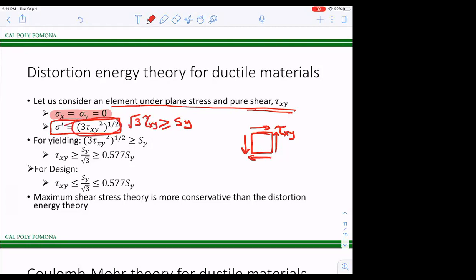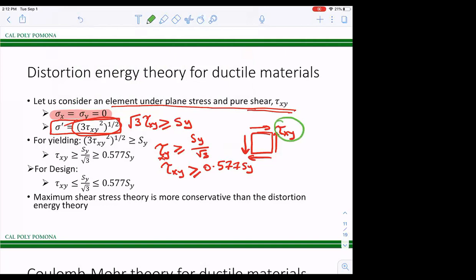So we can say tau xy is greater than or equal to Sy by root 3, right? 1 over root 3 is the same as 0.577 times the yield strength. So when this applied shear stress exceeds 0.577 times the yield strength, we are seeing failure.